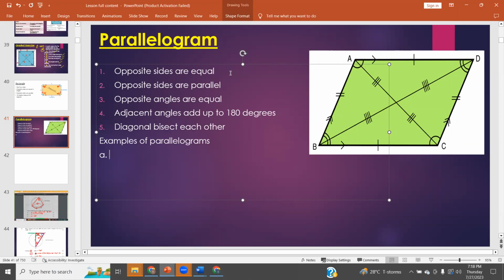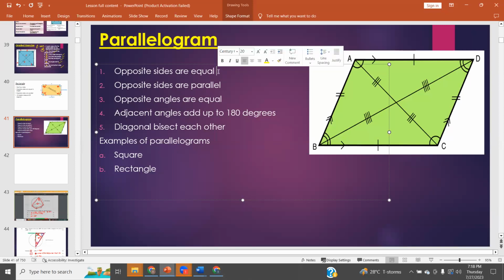So a square is a parallelogram. What else is a parallelogram? Not only a square. A triangle? No, not a triangle. Rectangle. A rectangle, very good. A rectangle is a parallelogram, because for a rectangle, opposite sides are equal, opposite sides are parallel, opposite angles are equal, adjacent angles add up to 180 degrees, and the diagonals bisect each other.